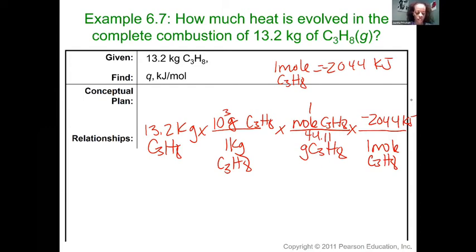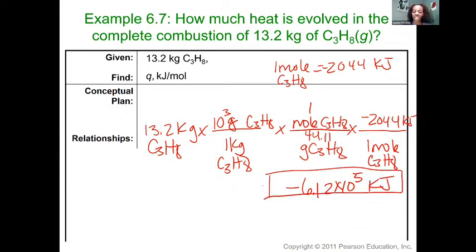And that gets us an answer of negative 6.12 times 10 to the 5th kilojoules. So this amount of heat is being released, or this is an exothermic reaction as this process occurs.